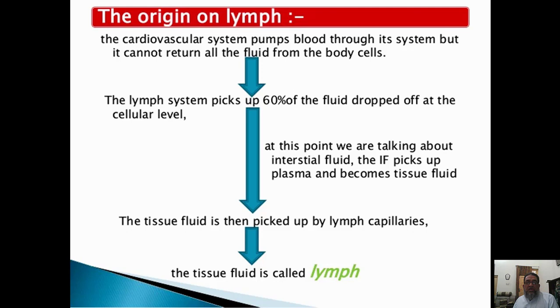The tissue fluid is then picked up by the lymphatic capillary. The tissue fluid is then called lymph. So you should understand the origin of lymph: it is a transudate leakage from the blood capillary within the interstitium. 60% of it is drained by the lymphatic capillaries in the form of lymph.